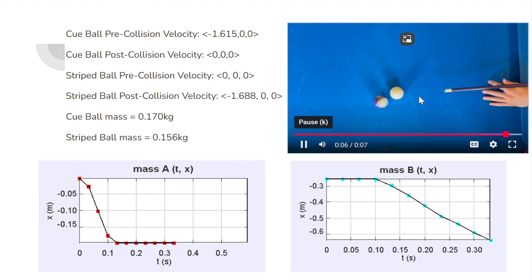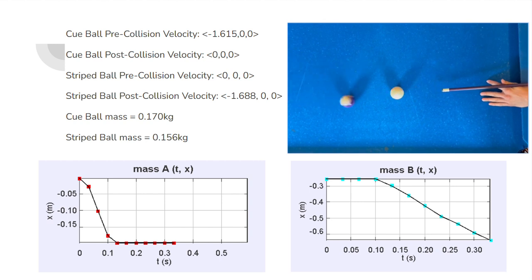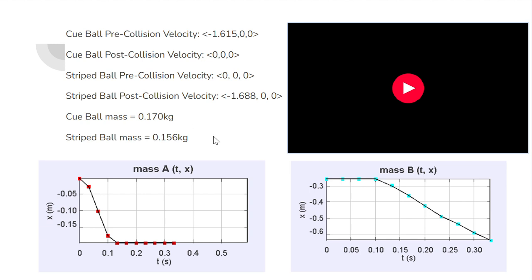And the strike ball had a pre-collision velocity of 0 as it starts from rest, but a post-collision velocity of negative 1.688. And it's important to note that the two balls had different masses. So these just show the x position with respect to time for both of them, and the flat is just because the purple ball started at rest and the cue ball ended at rest.